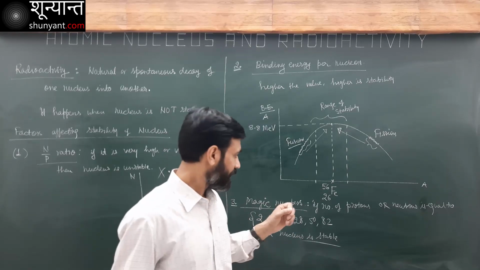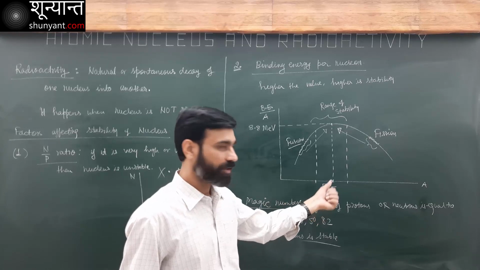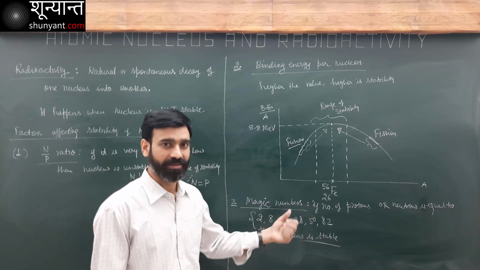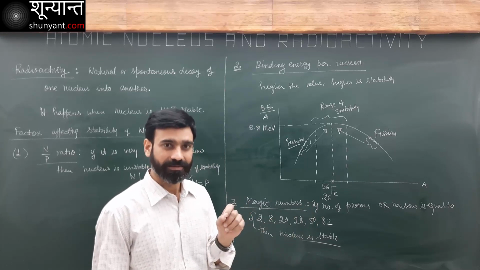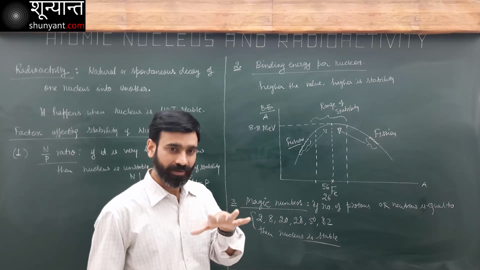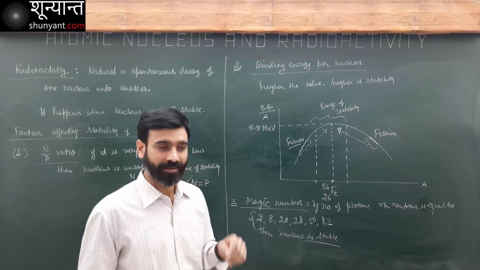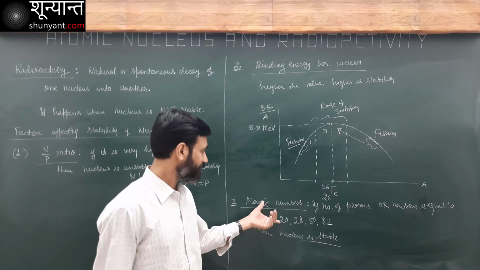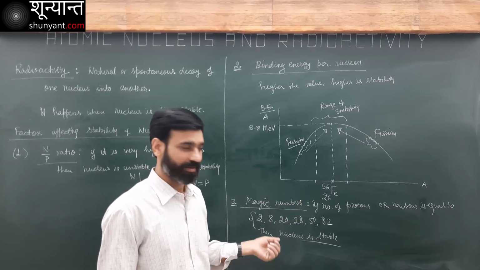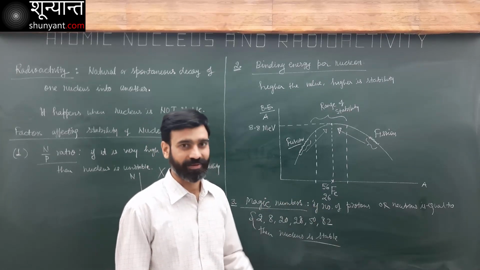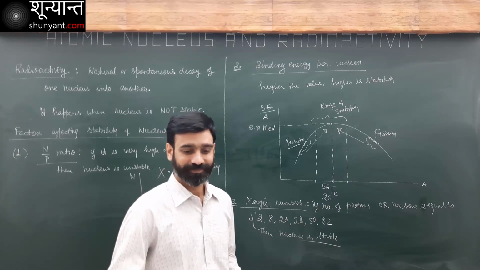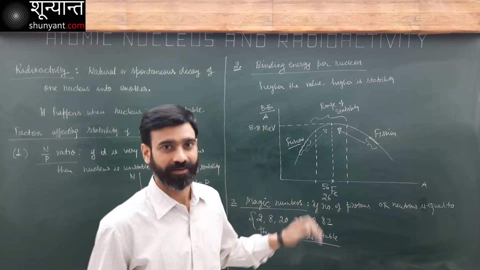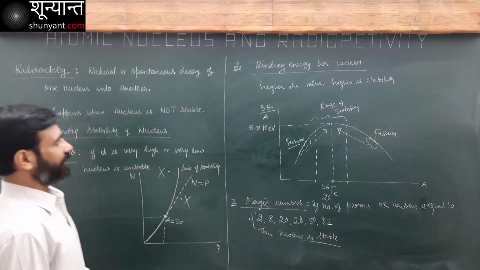If the number of protons or neutrons is equal to one of these numbers, they are arranged in a lower energy state, and then the nucleus becomes stable. These numbers are known as magic numbers. You should memorize these numbers. They are very important.